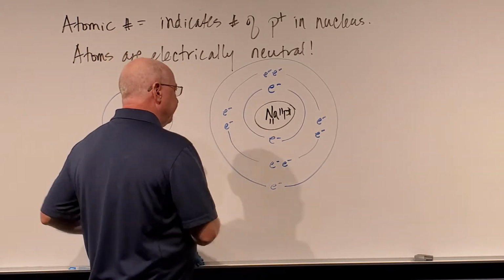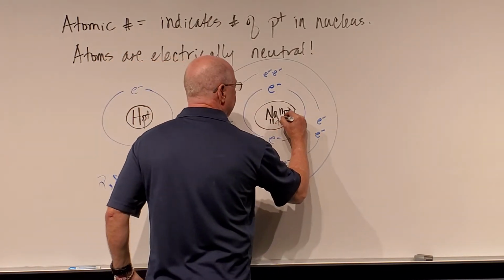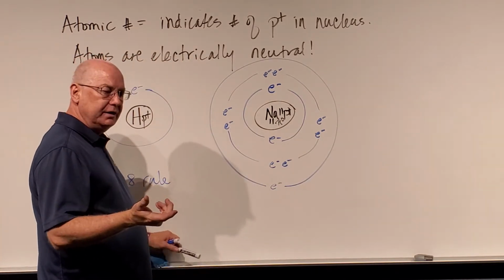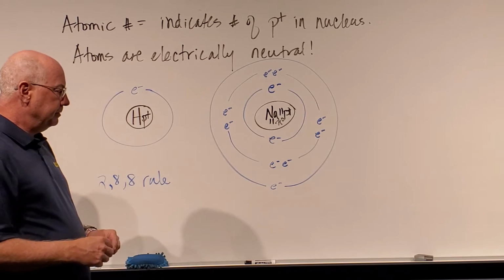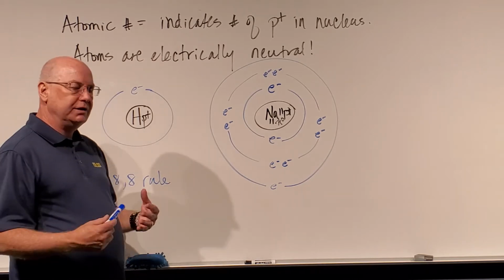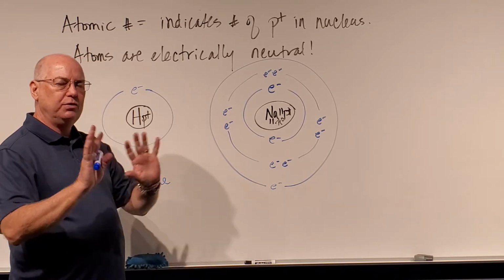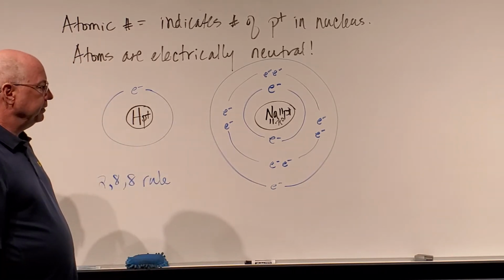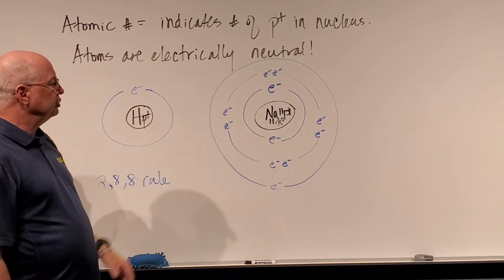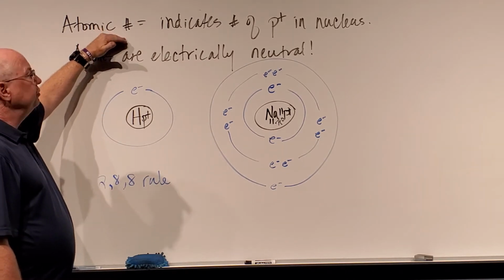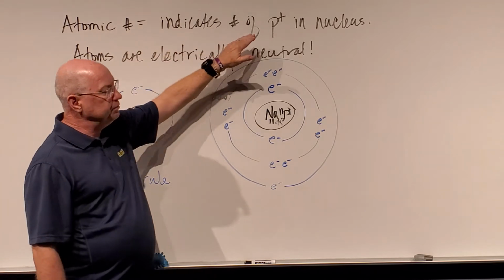Although sodium will have some neutrons in here, we're not going to worry about the number of neutrons, okay? That can vary, and the atomic weight is going to tell you the number of neutrons based on how many protons there are. We're not going to get into that level of chemistry right now. I just want you to understand the structure of an atom. Atoms are electrically neutral, and the atomic number tells us how many protons there are.